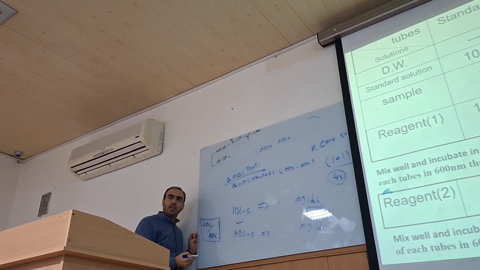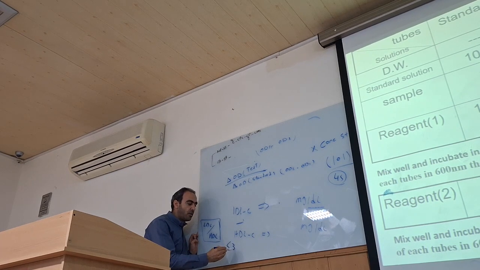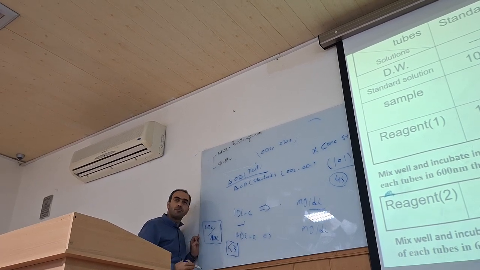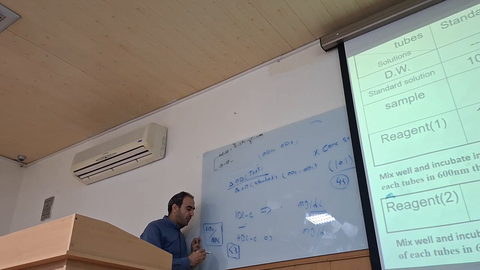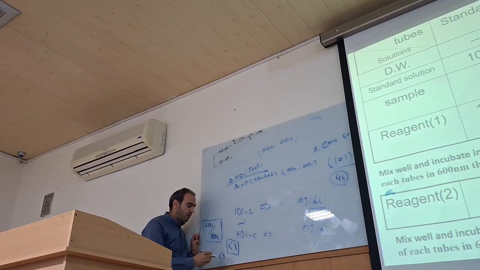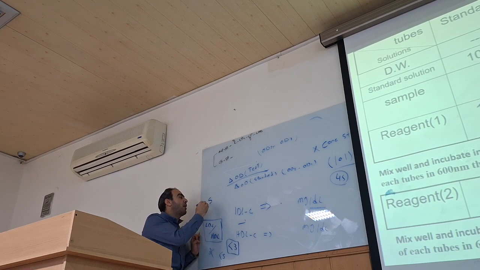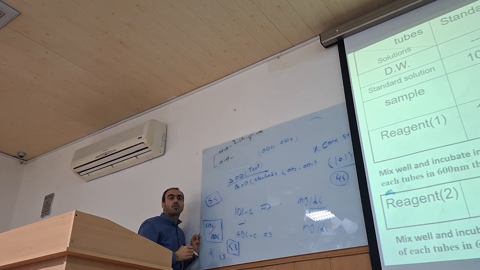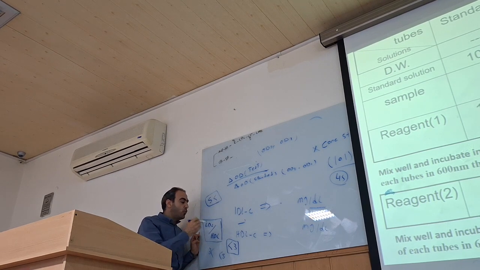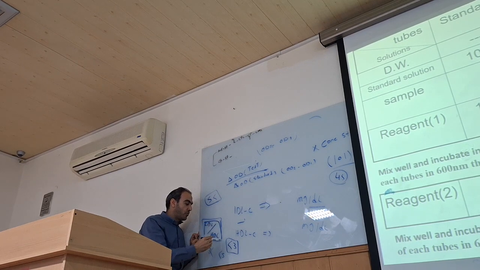If the LDL to HDL ratio is less than 3, it is optimal. Between 3 and 5 is borderline, and more than 5 has the highest risk of atherosclerosis. So all the time, for your patient, you have to calculate this LDL to HDL ratio.